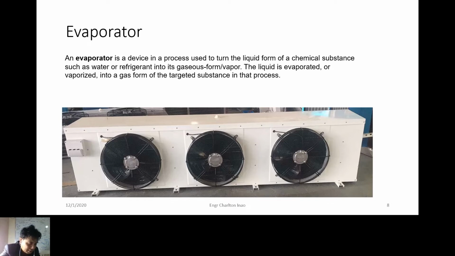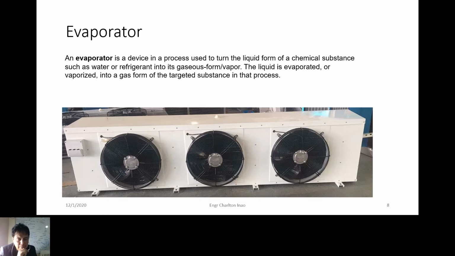So, the question is, have you seen an evaporator aside from your refrigerator or from your aircon? There are other forms of evaporator. Look at this. This one is being used in the cold storage. Ano ba yung cold storage? Pwedeng mga karne, mga meat, ng baboy, ng manok, ng isda.